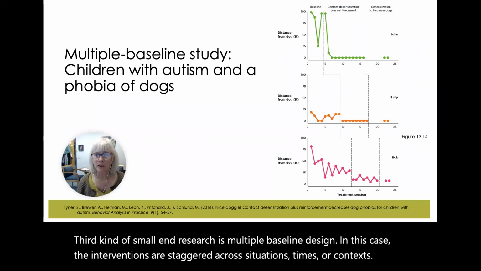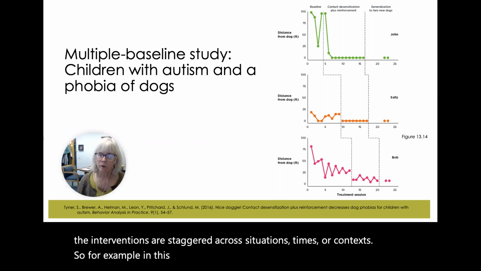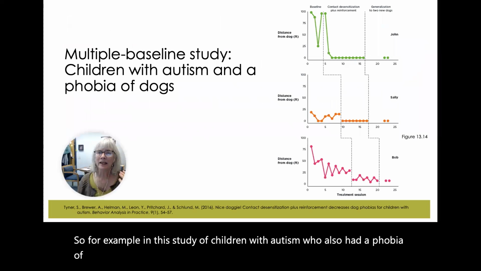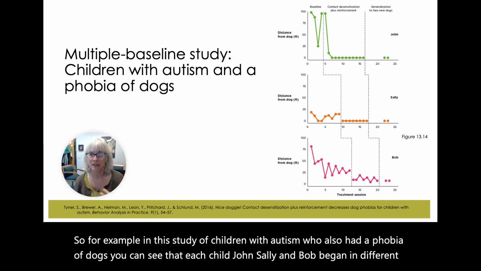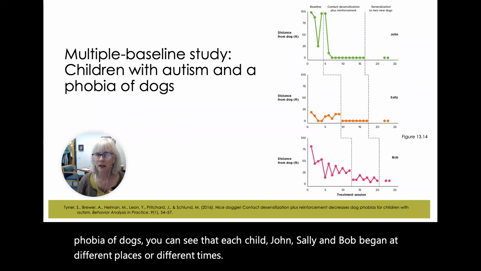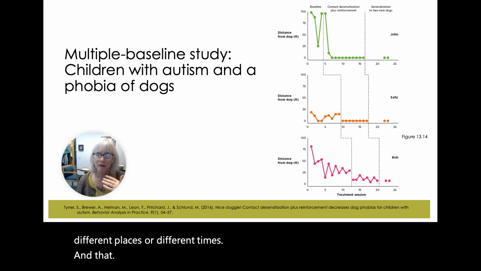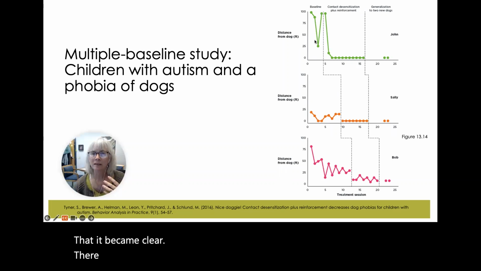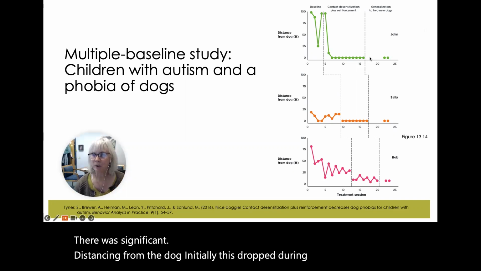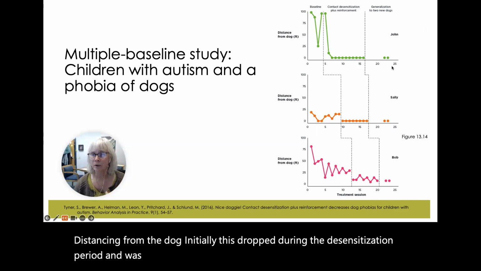So, for example, in this study of children with autism who also had a phobia of dogs, you can see that each child, John, Sally, and Bob, began at different places or different times, and it became clear that there was significant distancing from the dog initially. This dropped during the desensitization period and was generalized to 2 new dogs.